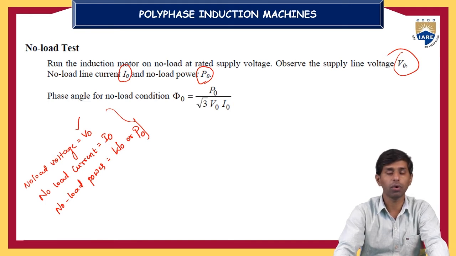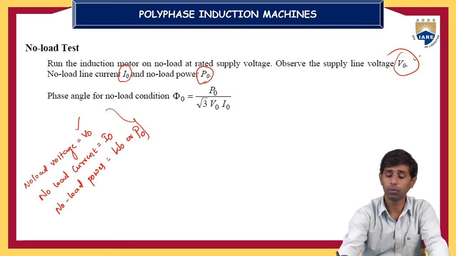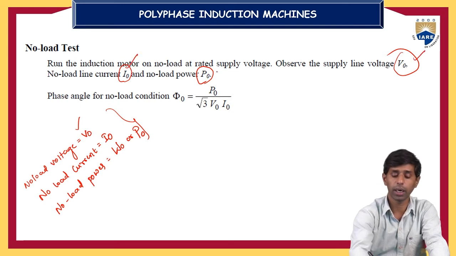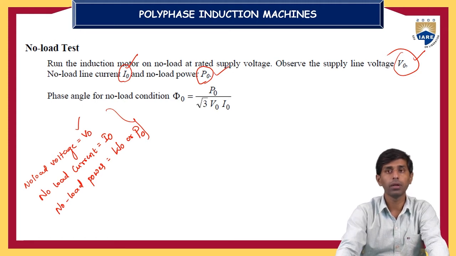We run the induction motor under no load condition, and we have the no load voltage V0, no load current I0 as well as the no load power P0.